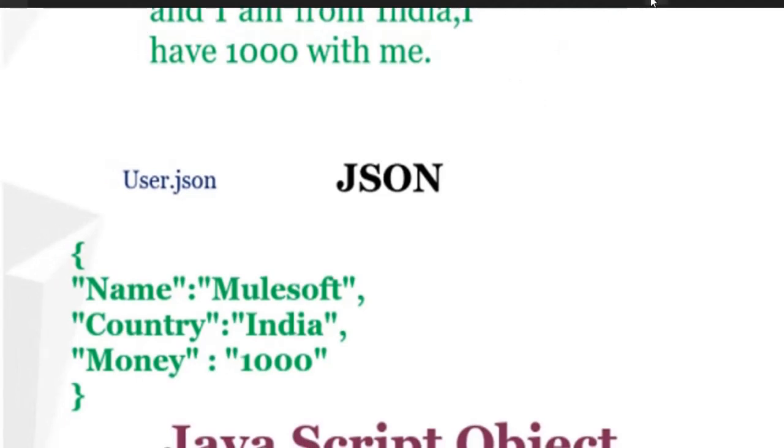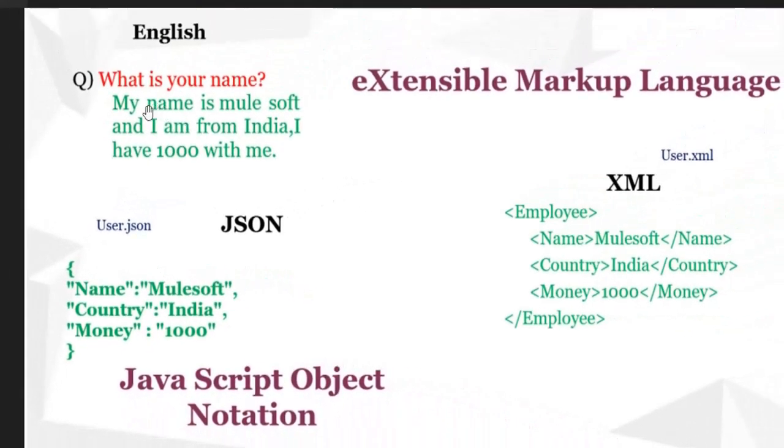In our normal English form you have the complete sentence form, but this is the JSON form. In JSON, the file name should be user.json, and you represent the details as key value pairs. The syntax is that first you put all these details into flower braces, an open flower brace and a closed flower brace.